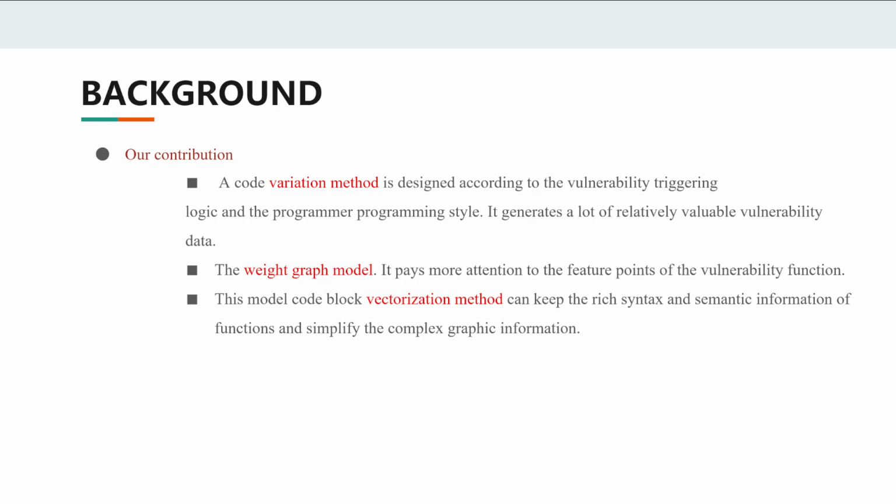It generated a large number of relatively valuable vulnerability samples that match graph models. Secondly, the model pays more attention to the features of a vulnerability function. Thirdly, the vectorization method of code blocks in this model can keep rich syntax and semantic information of functions and simplify complex graph information.